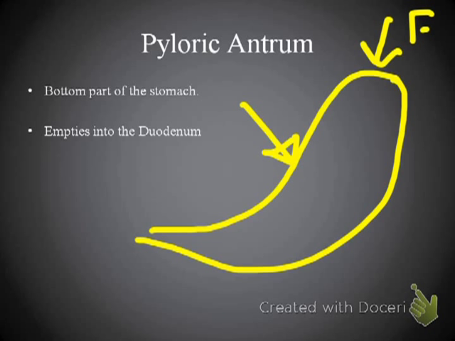So we'll put an F here. This is the body, and this little area here is the pyloric antrum. So hopefully that will make a little more sense to you as we look at some images throughout CT.